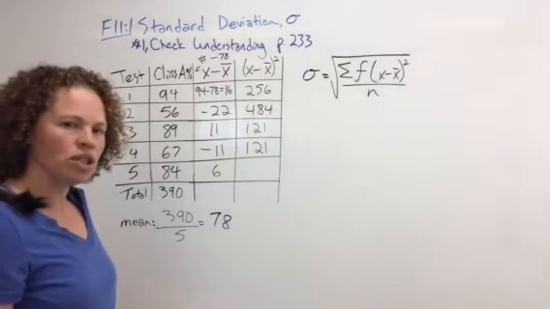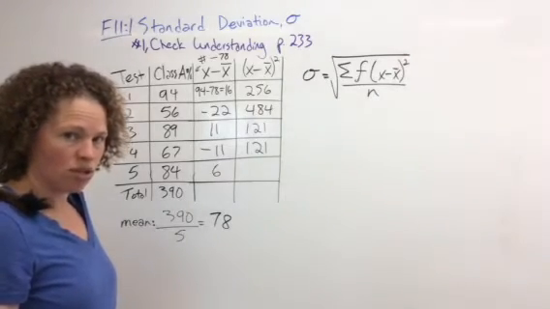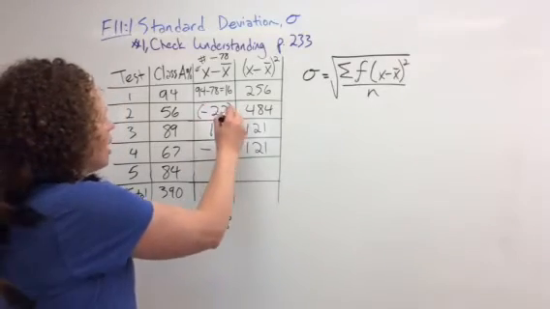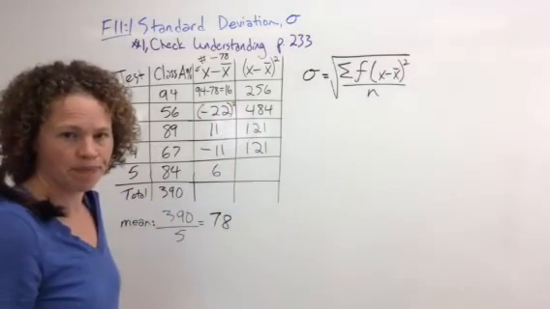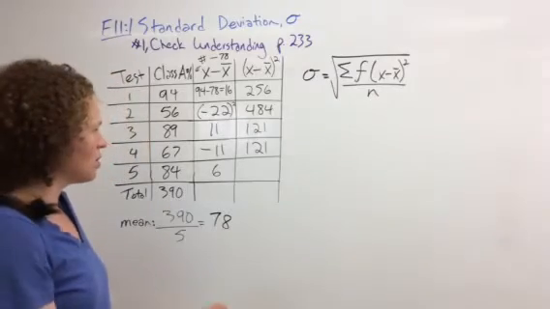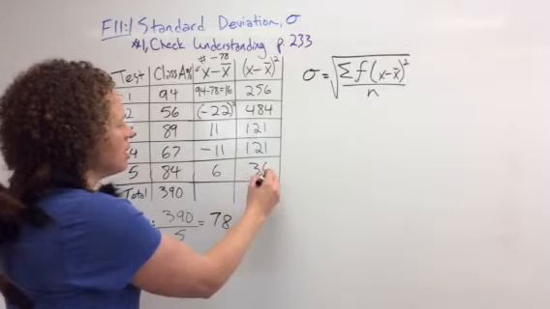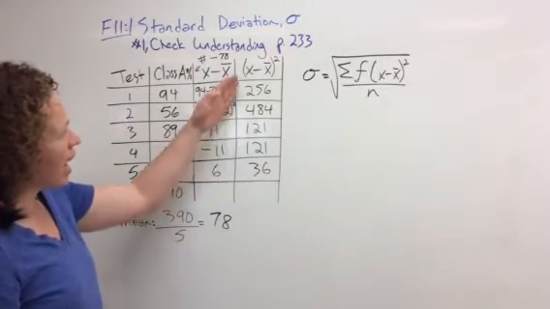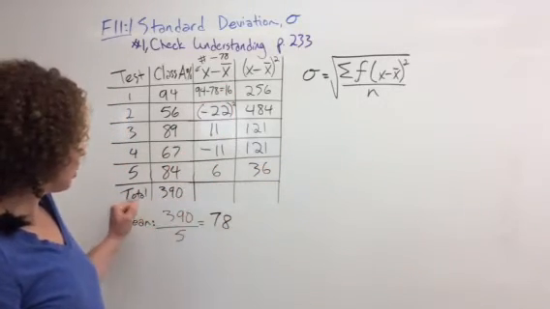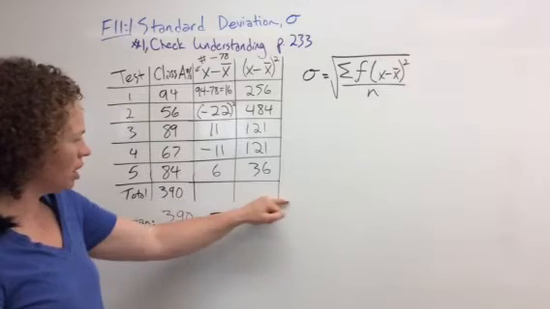In your calculator, put a negative number in brackets before you squaring it so you don't get messed up. If it's a positive, it doesn't matter. 6 squared is 36. Now I want to add all of these numbers up, so I've got my total row here.